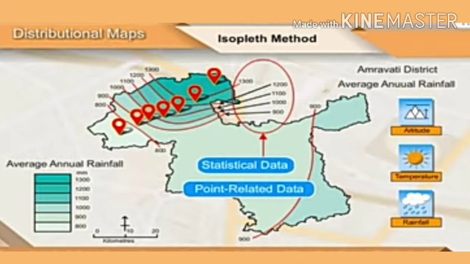Such data is known as point-related data. In this type of map, values of the variable are written on the map at their respective locations. And if the data for more places is available, mapping of the distribution can be done more accurately.